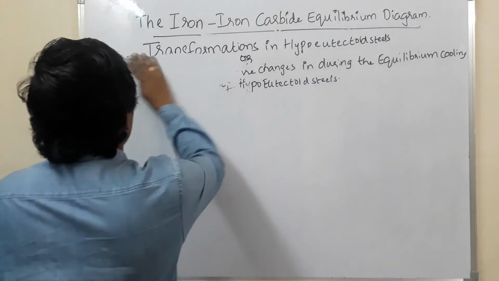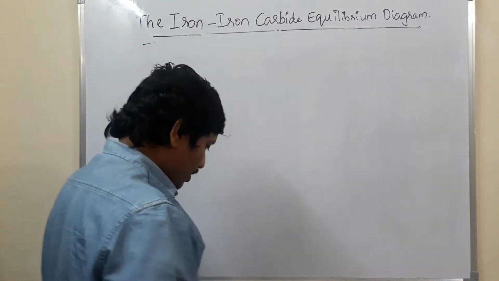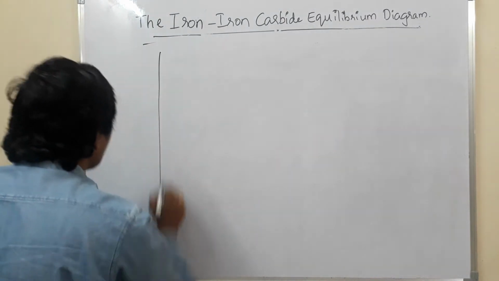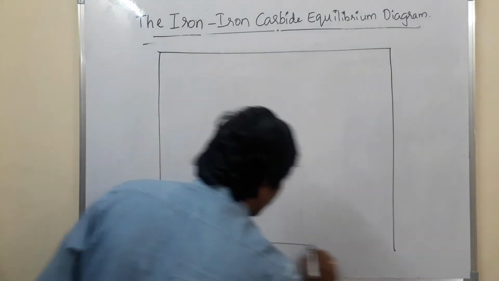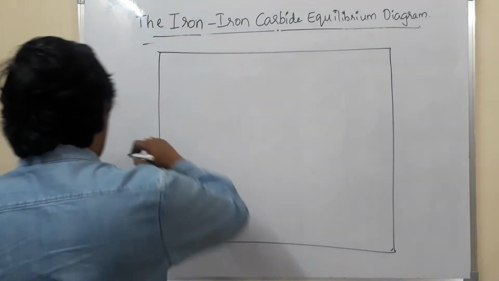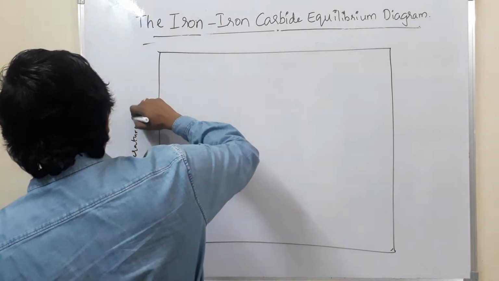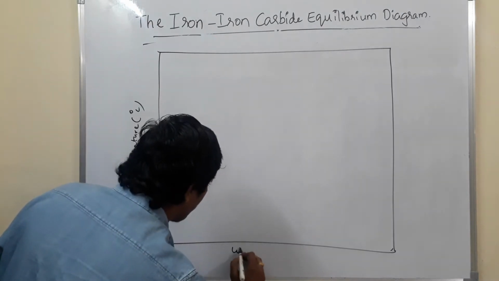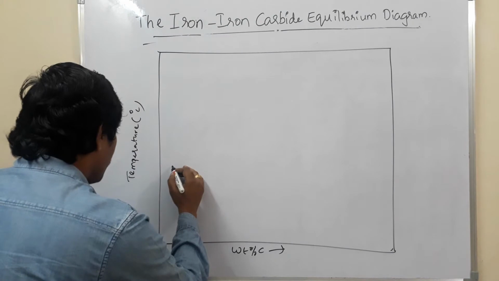In the iron carbide equilibrium diagram, I am taking the temperature scale on the y-axis in degrees centigrade, and composition, that is weight percentage of carbon, on the x-axis.